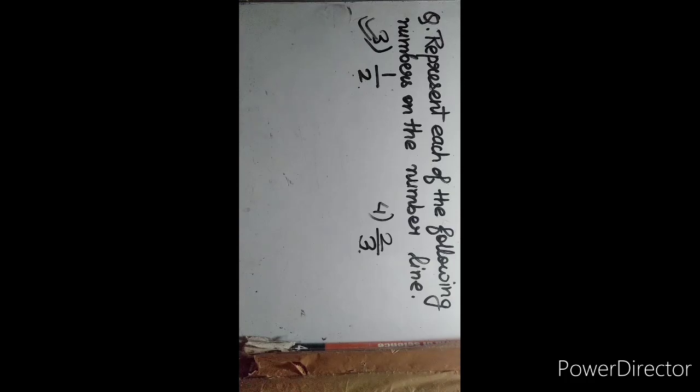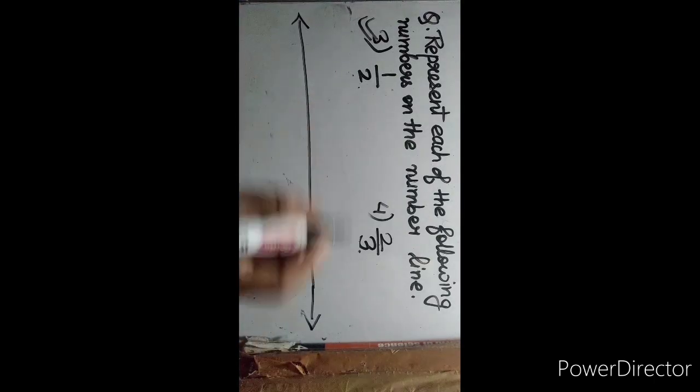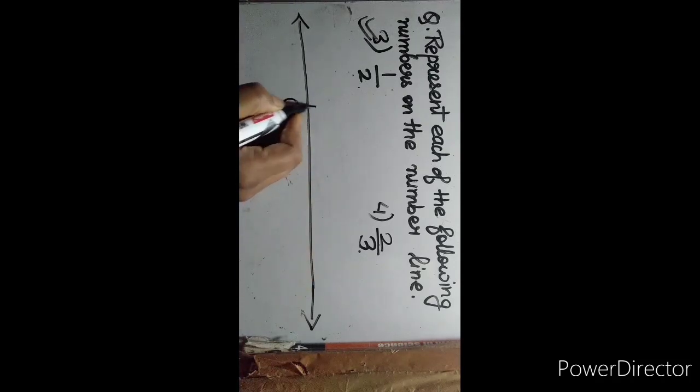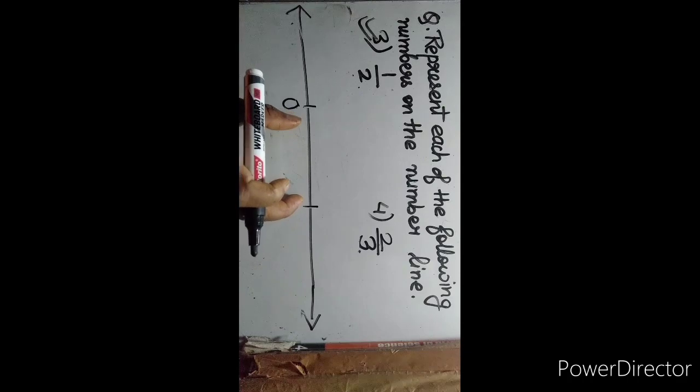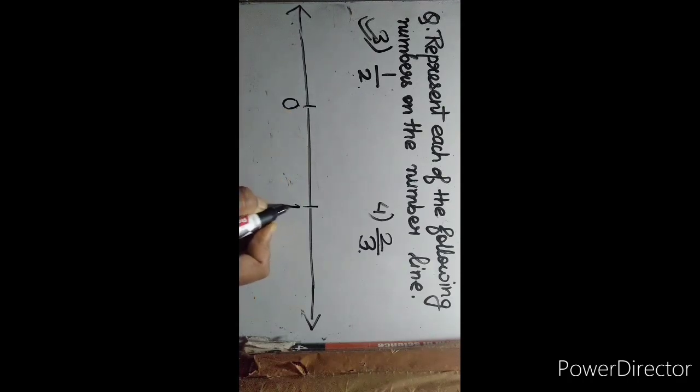Now question number 4 is we have to represent 2 by 3. So again draw a line, mark a point as 0, again take some distance and write down this point as 1.